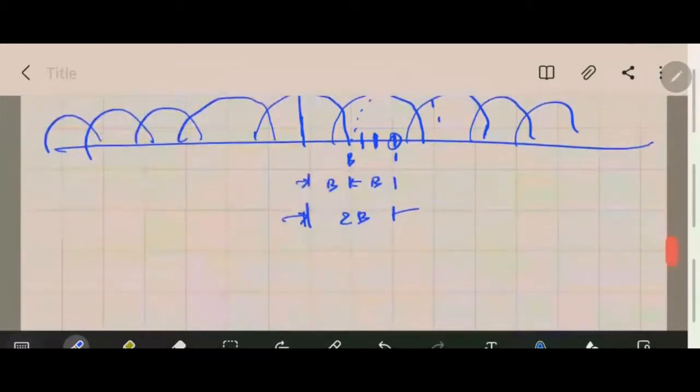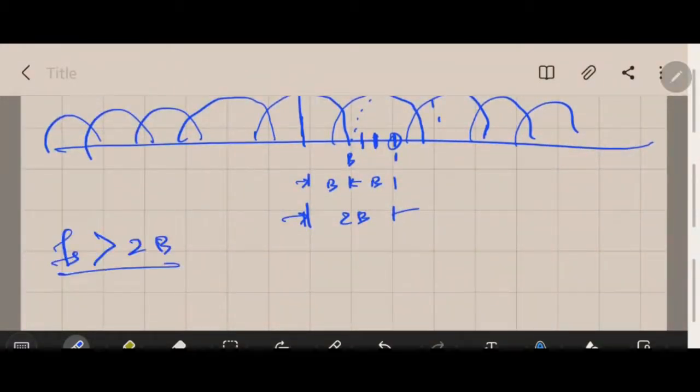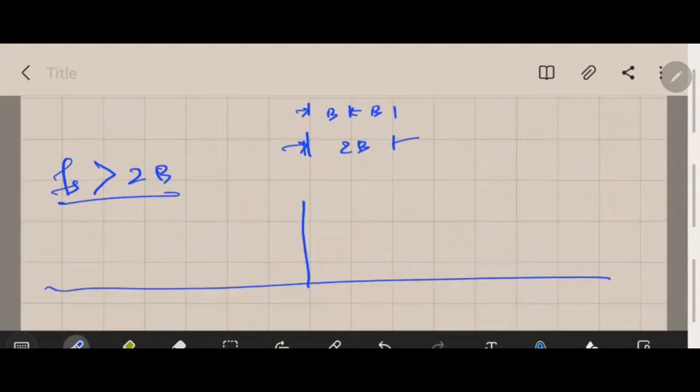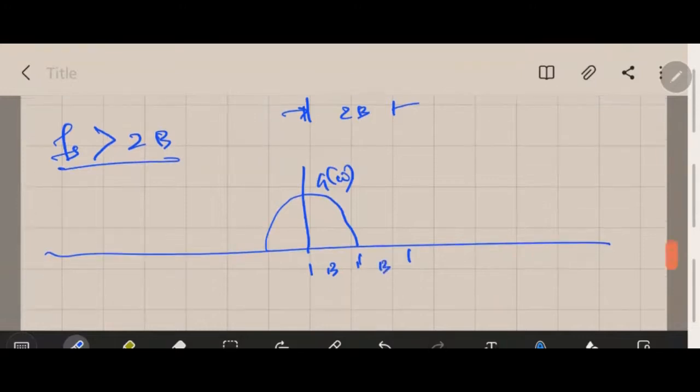Now similarly, if fs is greater than 2b, how will the spectra look? You see here, this is your g of omega, and this is the bandwidth b, another b, that means 2b is here. But you have taken fs greater than 2b.